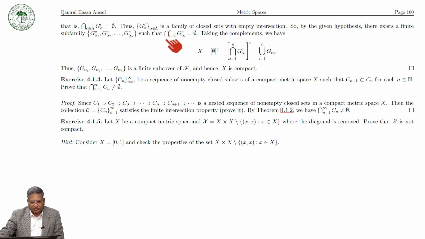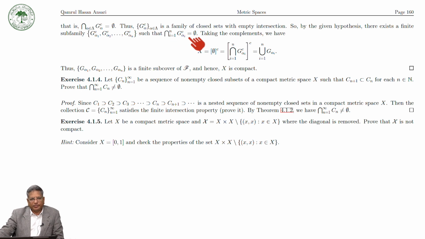So the intersection, i running from 1 to n, of G alpha i complement is equal to empty. Now take the complement of this on both sides.